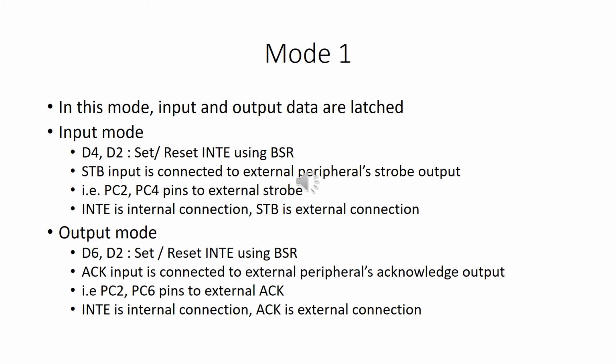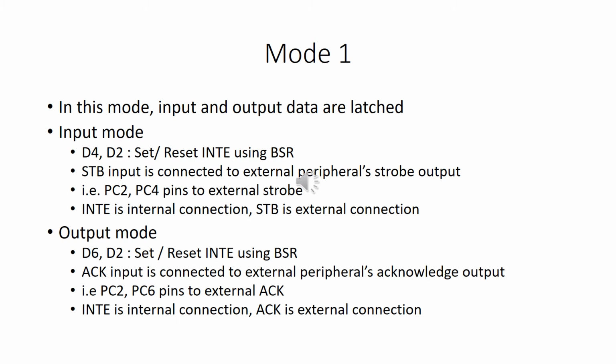When it is used in the output mode, the pins D6 and D2 are set or reset. INTE using BSR. Acknowledgement signal, that is ACK input, is connected to the external peripheral's acknowledge output. PC2 and PC6 are connected to the external acknowledge.